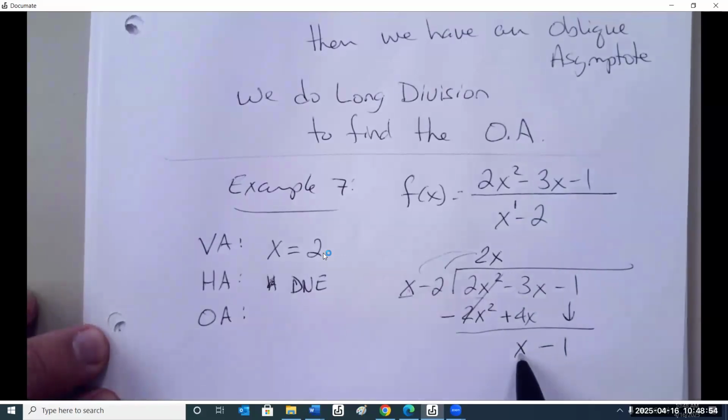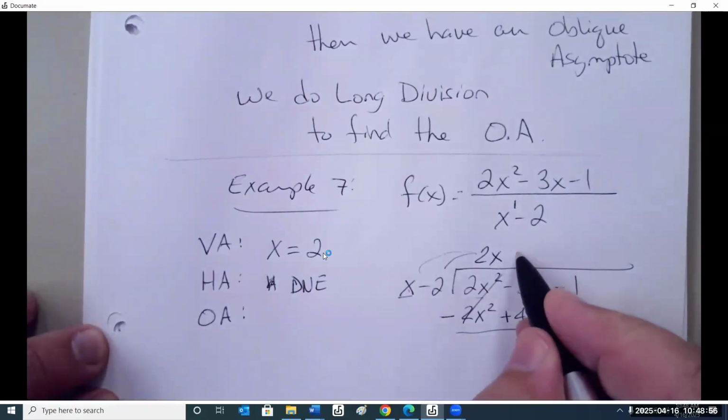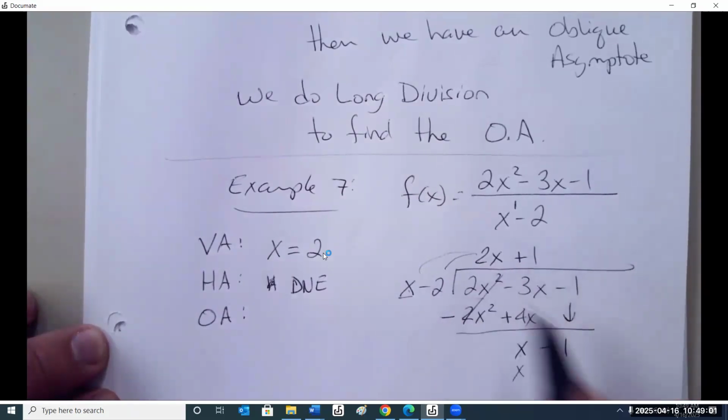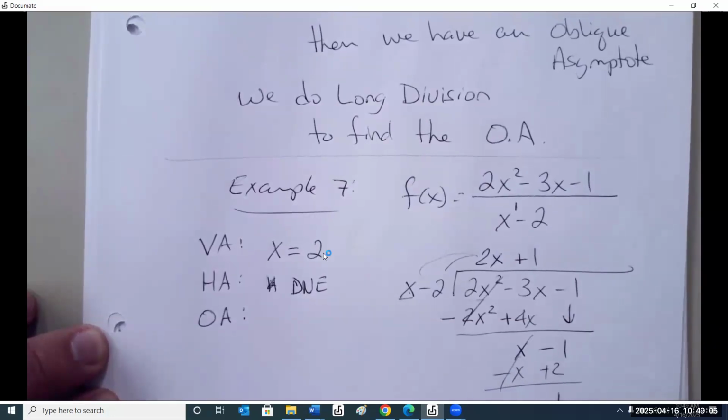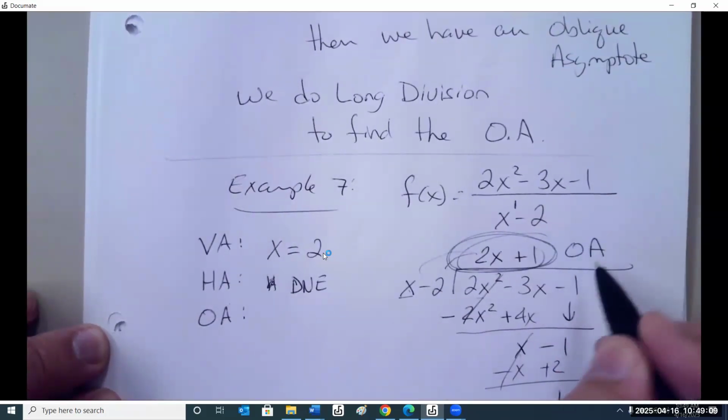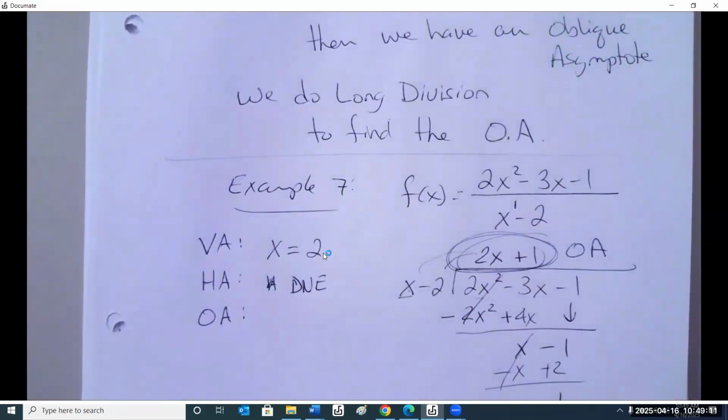What times x gives me x? A positive 1. So 1 times x is x. 1 times negative 2. Change the signs. This is all I want. That's my oblique asymptote. The answer after 2 steps.